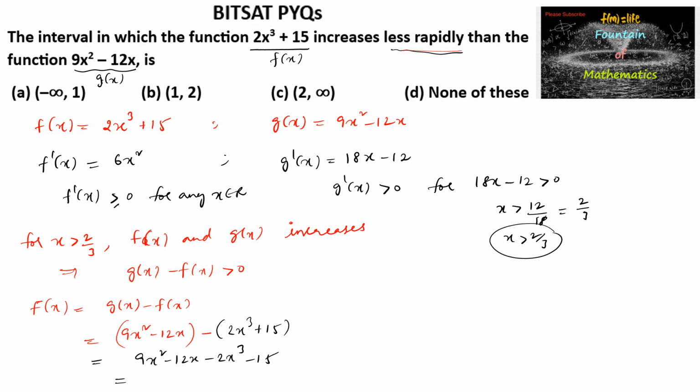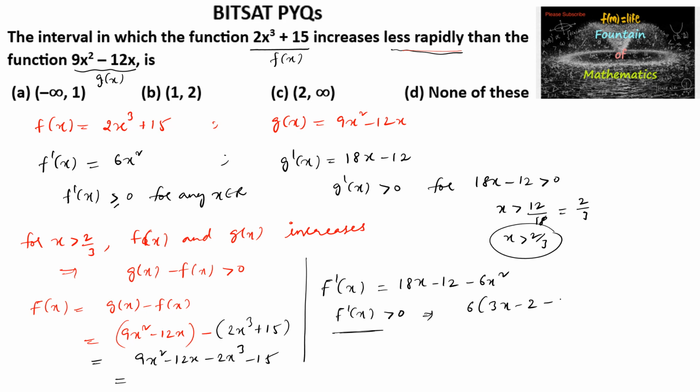So let us differentiate. h dash of x is equal to 18x minus 12 minus 6x square, and now h dash of x is greater than 0, which implies that, taking 6 common, 3x minus 2 minus x square is greater than 0, or we can write x square minus 3x plus 2 is less than 0, that is x minus 1 into x minus 2 is less than 0.